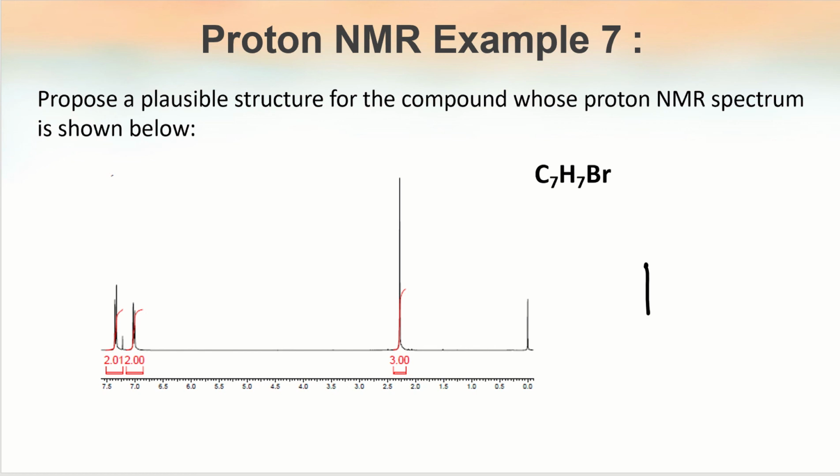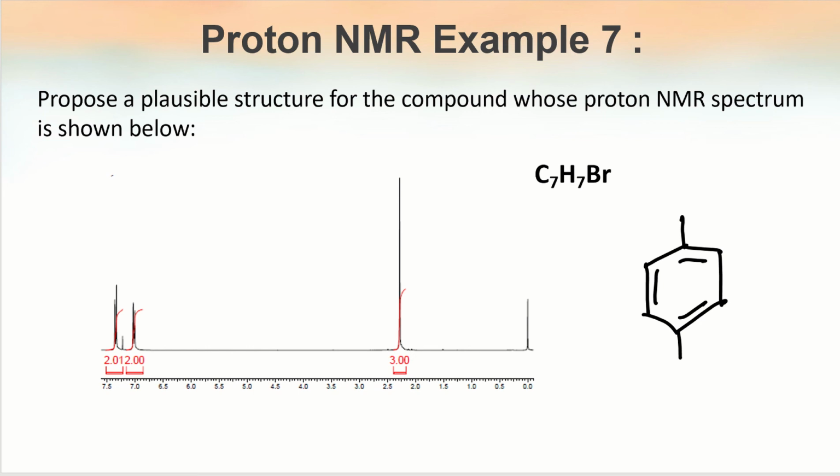So by virtue of the fact that we have some aromatic protons, and we know that because we have the 2 doublets in the 6 to 7 region, right? And the fact that we have two doublets in that region suggests that we have a line of symmetry, and so we have a para arrangement, right?